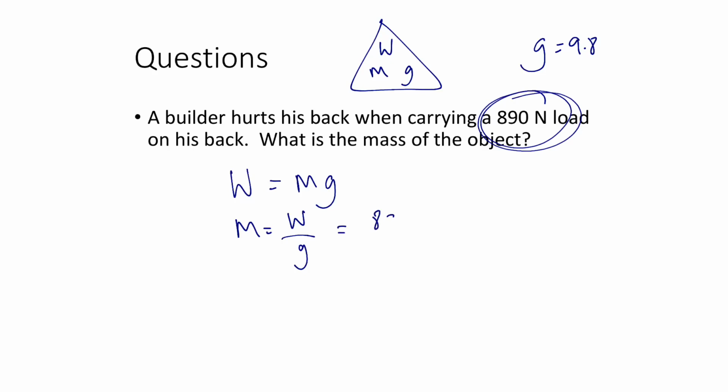So 890. The value of gravity is 9.8. And again, we find our calculator, 890 divided by 9.8. And that gives us a mass of 90.8. And reminder that the unit of mass is kilograms. So 90.8 kilograms.